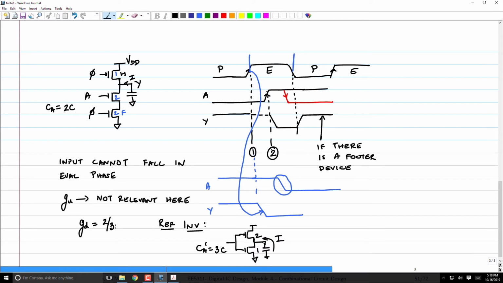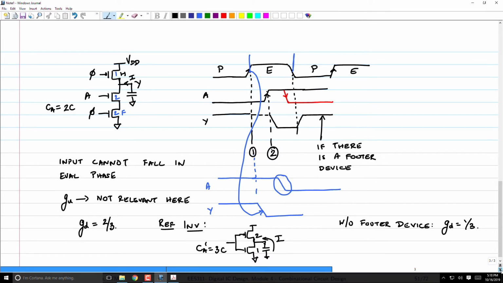Then I can do away with the footer device. So what will be the logical effort in that case? 1 by 3, exactly. So without the footer device, GD is 1 by 3.